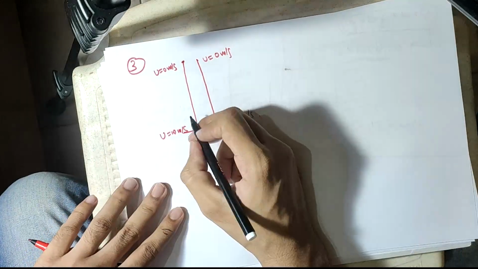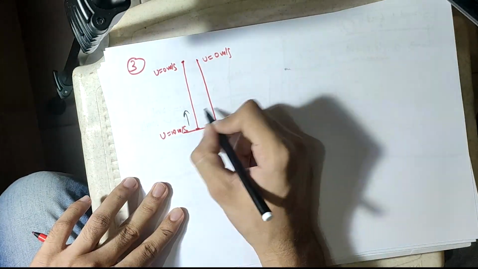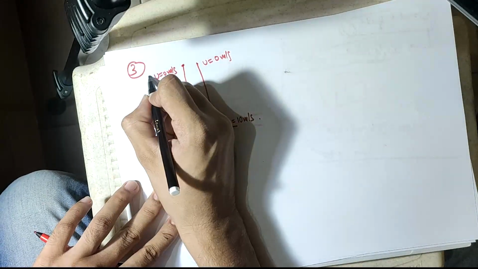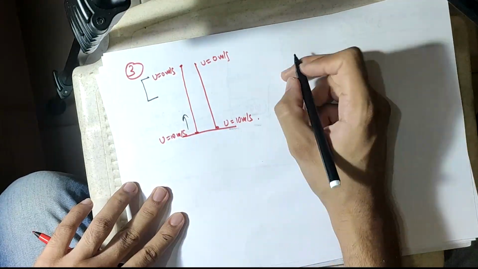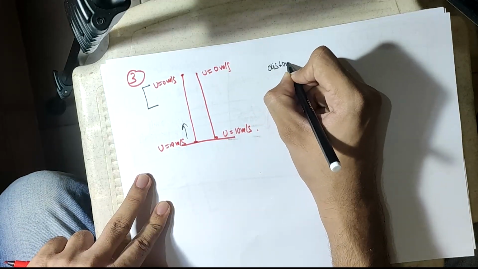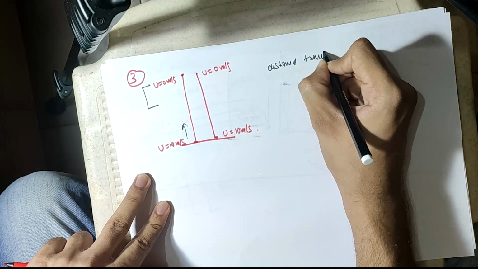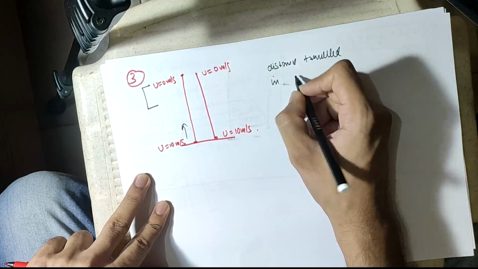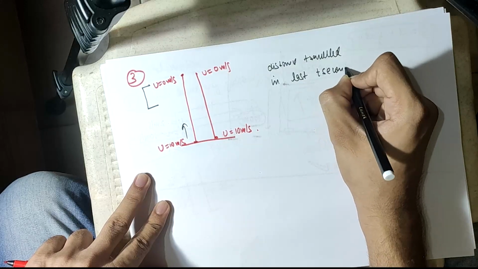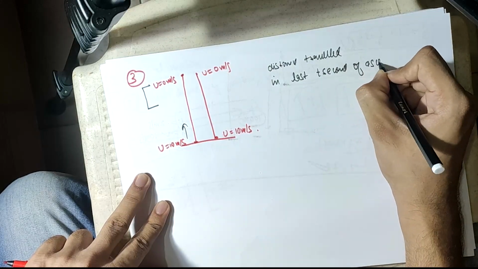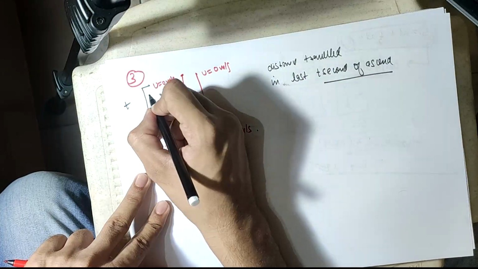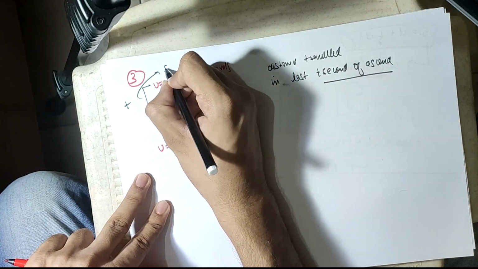See, this motion and this motion, they are just the opposite of each other. What does it mean? If I ask the distance traveled in last t seconds of ascent, you have to find s.